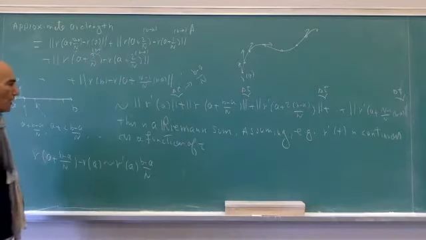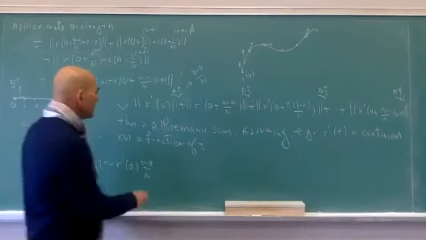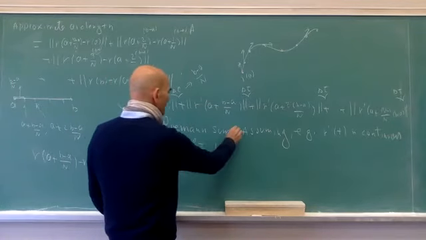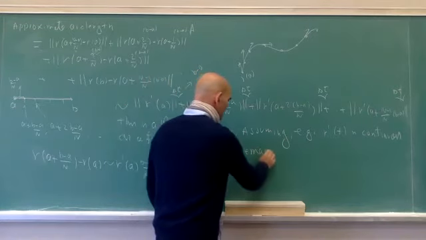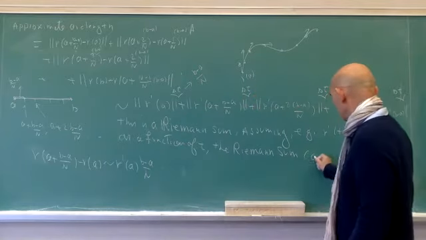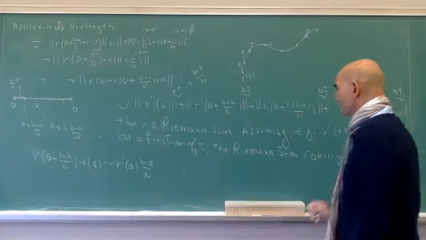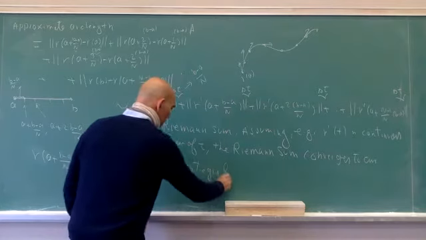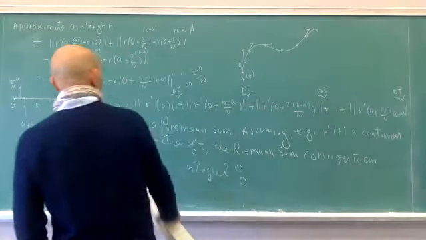Okay, so we are almost there. Assuming that r prime of t is a continuous function of t, the above Riemann sum converges to an integral. This integral is what we are all really interested in.